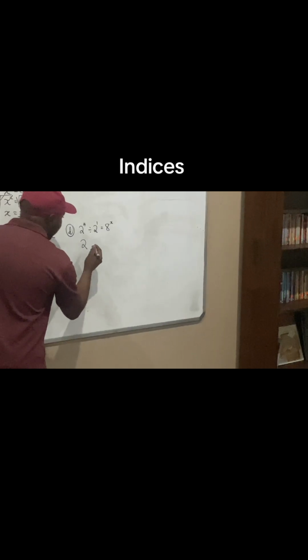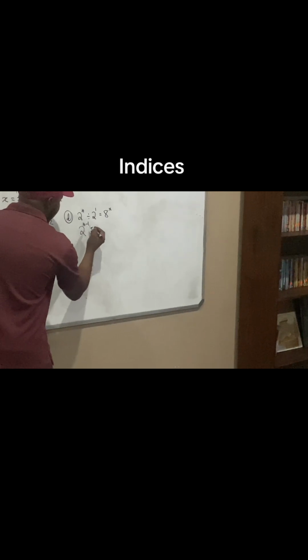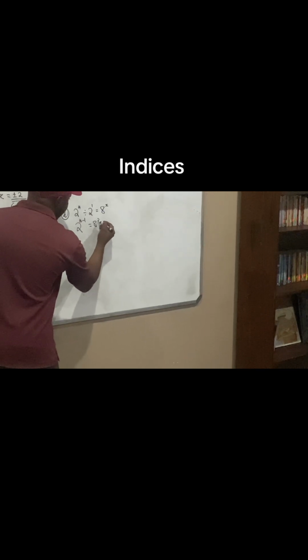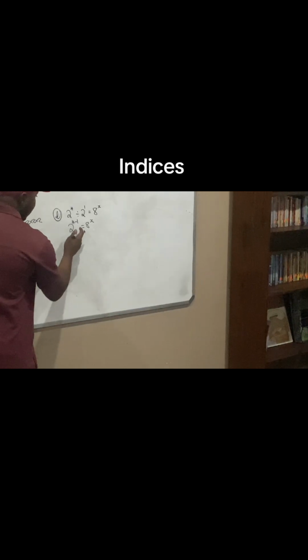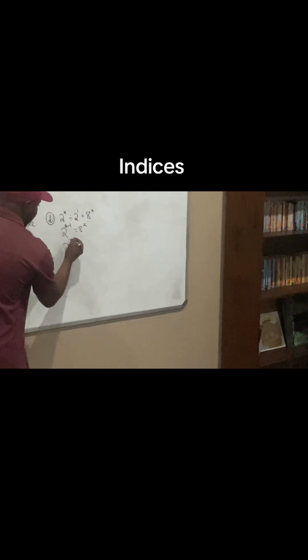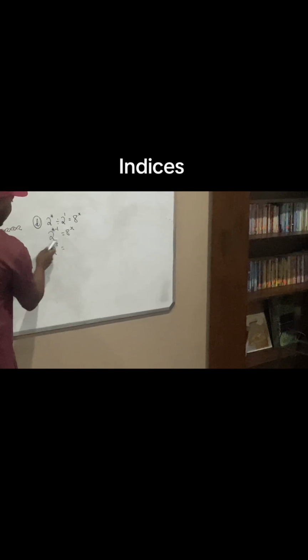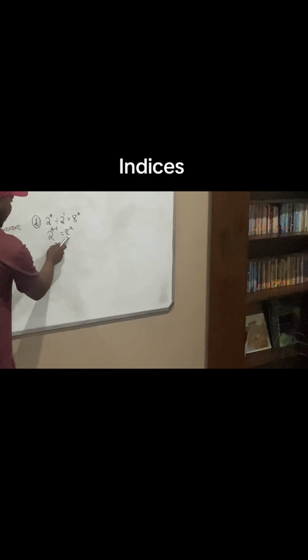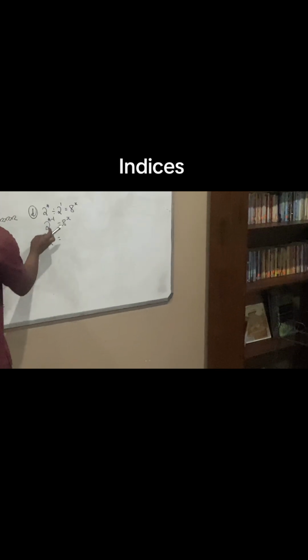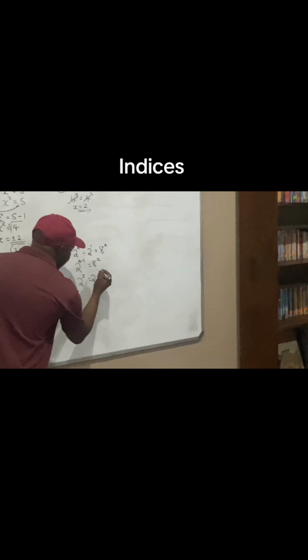You have 2 to the power 4 minus 1, then equals 8 to the power x like this. Now, we can start also with 2 to the power 2 minus x, then plus 3, then equals. Because I'm using the same base, how many times can I multiply 2 to get 8? 3 times. So I will write 2 to the power 3.